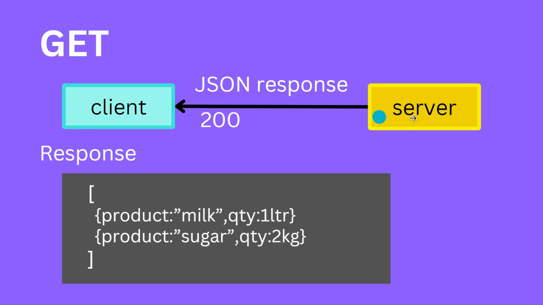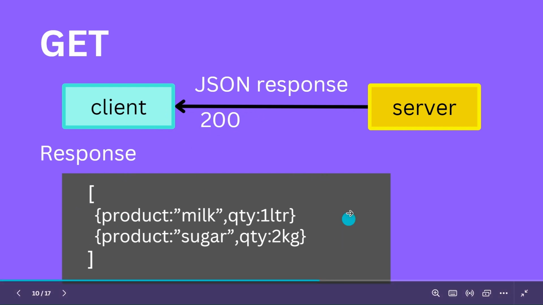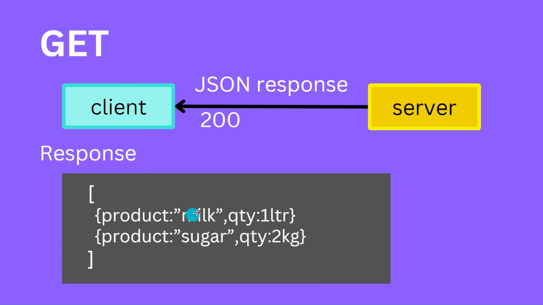If the server is able to successfully respond with the data that the client is expecting, it will give the response as 200, and along with that the data will be given back to the client. Here in our scenario there are two products available on the server, so it is returning the products to the client.